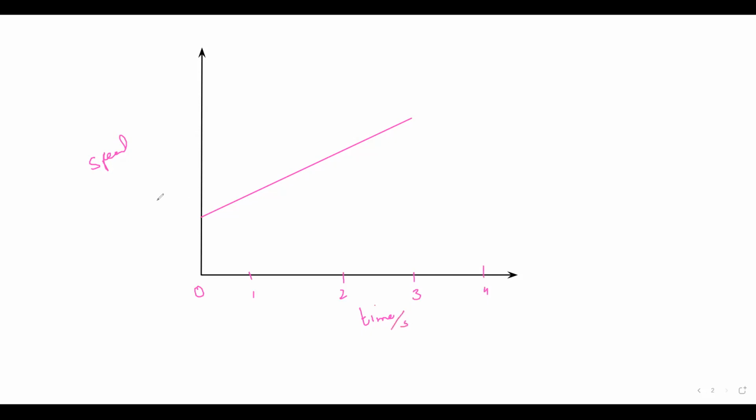Time is here in seconds and speed is in meters per second. So this was 10, 20, 30, 40, 50, 60, 70 and so on. And the question is, find the acceleration of this object. So how can we find the acceleration?